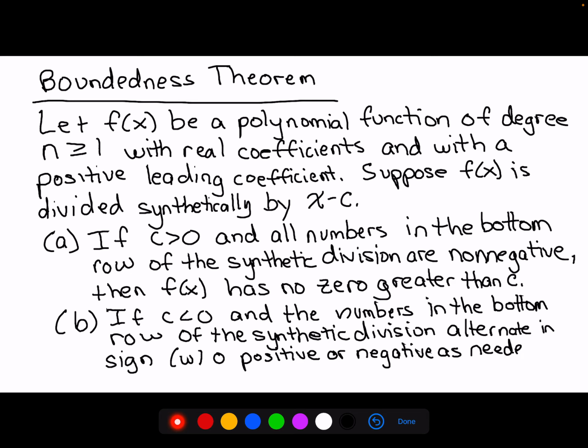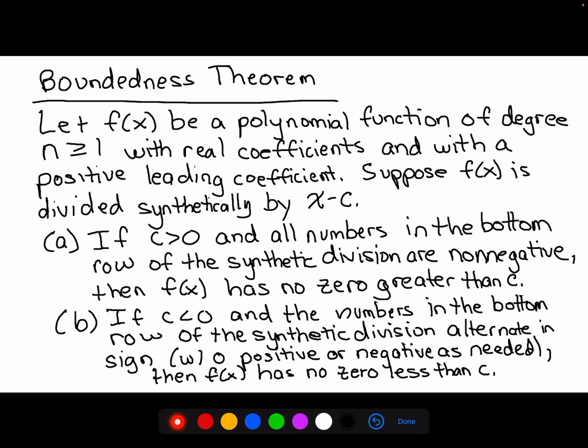So if you need 0 to be a certain sign, make it that sign. Then f of x has no 0 less than c. I really wish they'd use something other than c there for that definition. Okay. Sometimes that's these books for you.